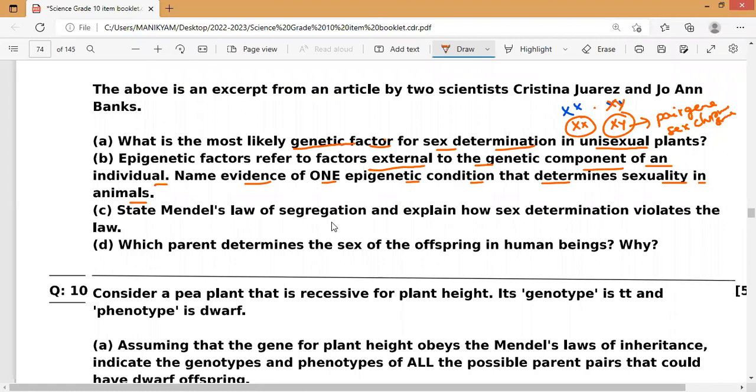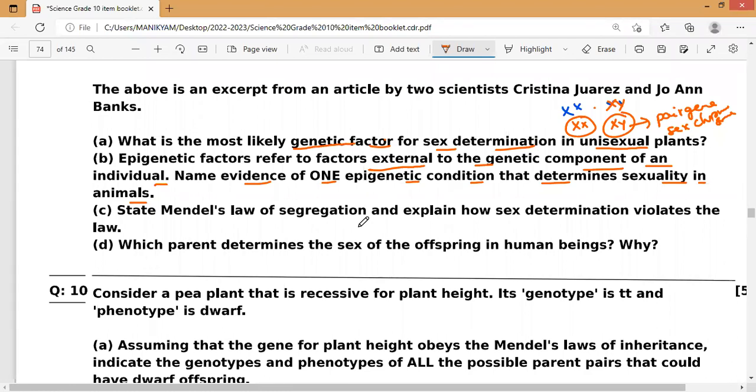So what are epigenetic factors? That means you write, everyone, please. Epigenetics is the study of, all of you write. See how direct the question is, but it looks very different. It looks like we don't know. Okay, so write it, all of you. Sex determination.